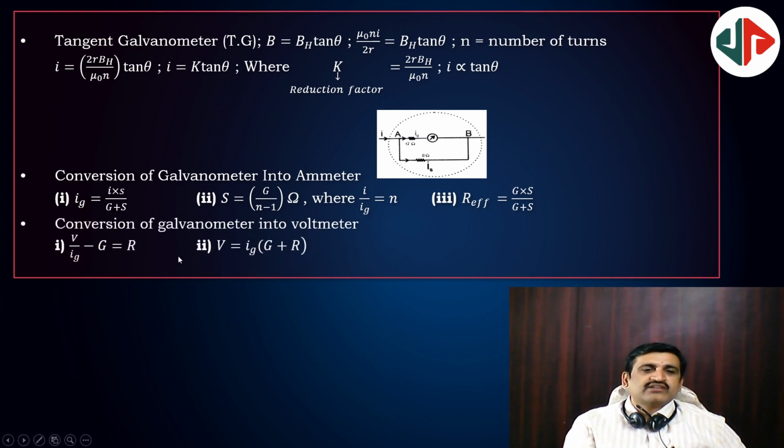Galvanometer into voltmeter: a high resistance must be connected in series, then it will be converted into a voltmeter. Then V is equal to Ig into (G plus R).